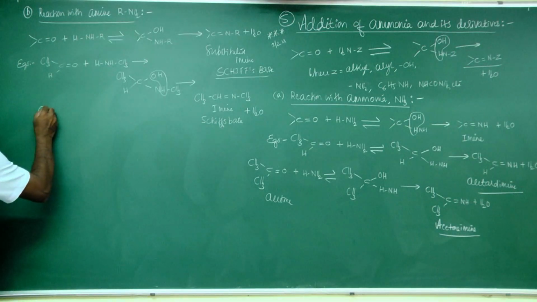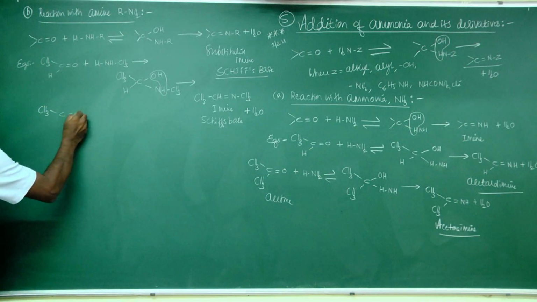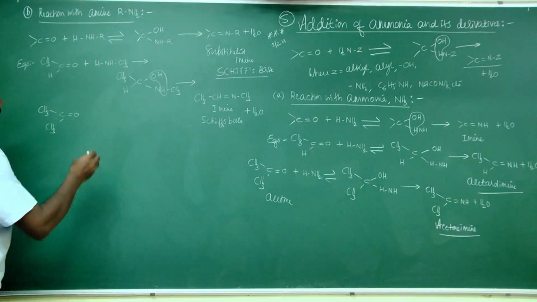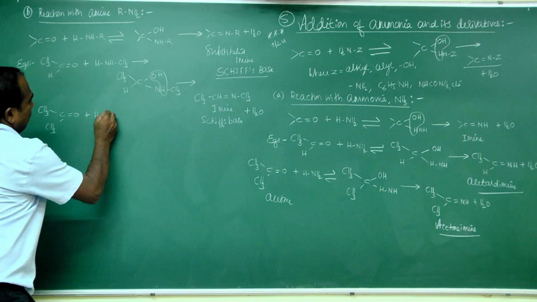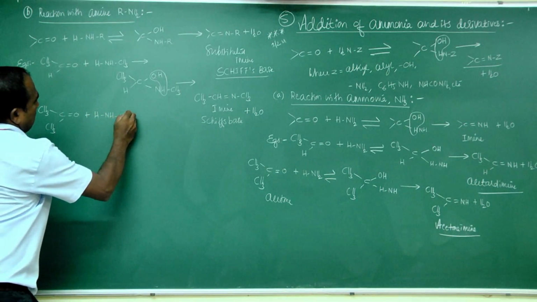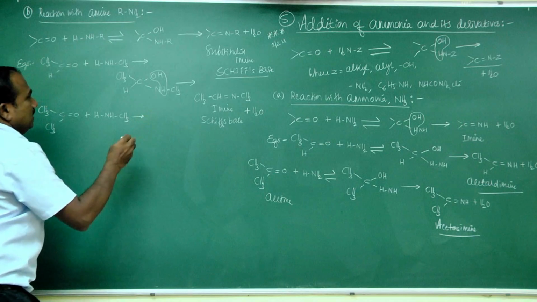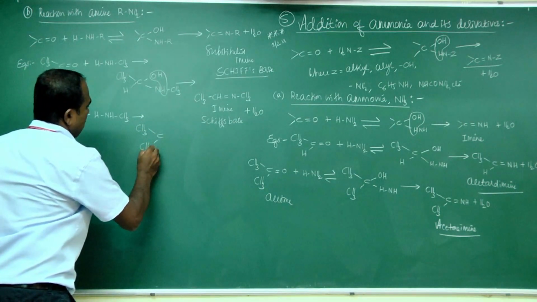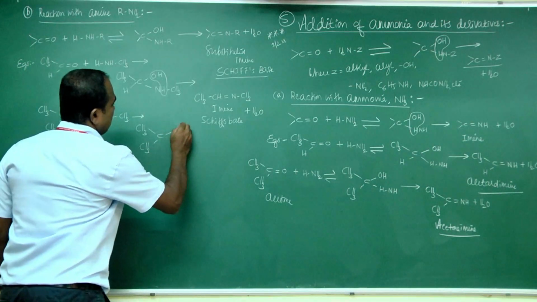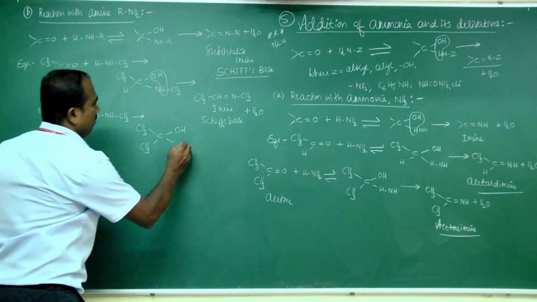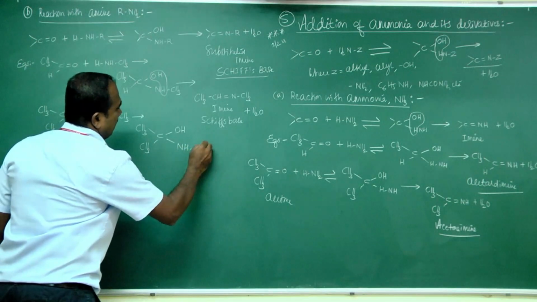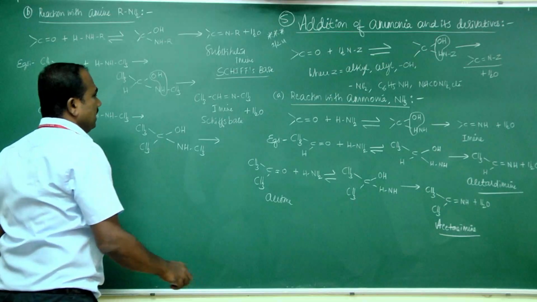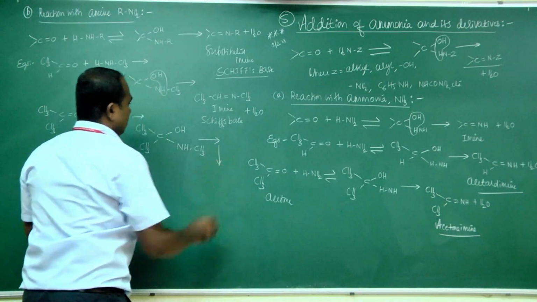Okay, second example. If you take acetone, CH3 C double bond O connected to CH3, plus methylamine, H2N connected to CH3, it gives rise to the intermediate CH3 single bond C single bond CH3 with OH and NH connected to CH3, and finally dehydration takes place to give the product.